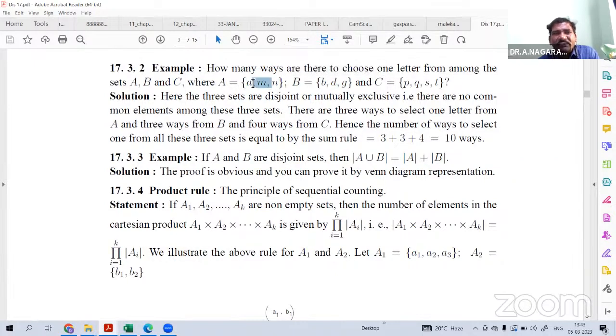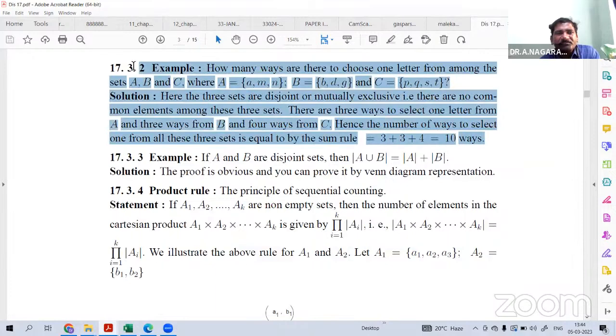Set A has 3 different elements, set B has 3 different elements, and set C has 4 different elements. We have no common elements, so these are called disjoint or mutually exclusive events. As per the sum rule we can directly take 3 plus 3 plus 4 equals 10 ways.